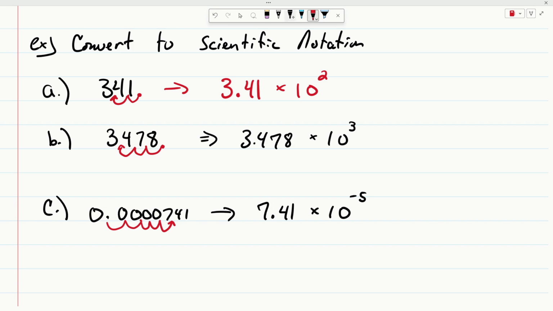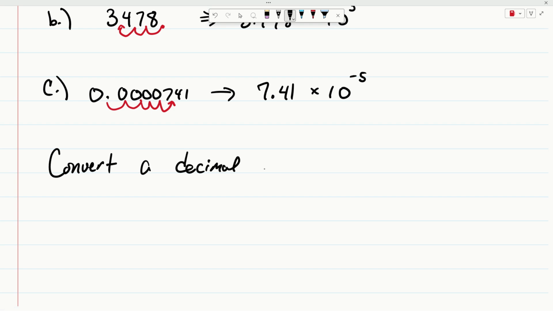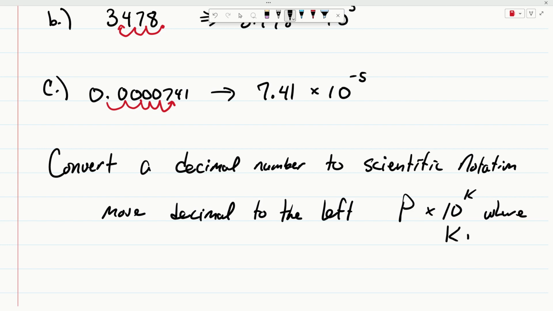All right, so here's what we learned. When we convert a decimal number to scientific notation, if we move our decimal to the left, it's going to be p times 10 to the k, where k is positive.